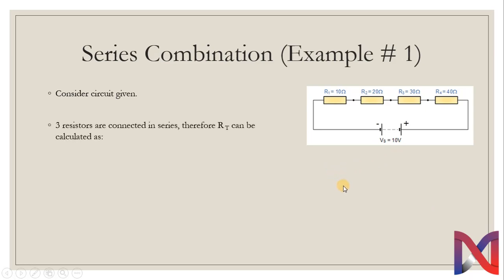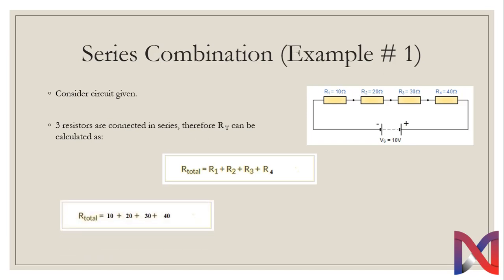As already mentioned, since the resistors are connected in series, RT can be calculated as RT is equal to R1 plus R2 plus R3 plus R4. After putting the values of resistance, R total will become 10 ohm plus 20 ohm plus 30 ohm plus 40 ohm. Our answer will be 100 ohms or 0.1 kilo ohm.